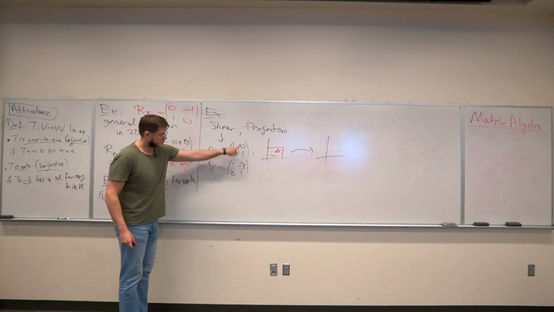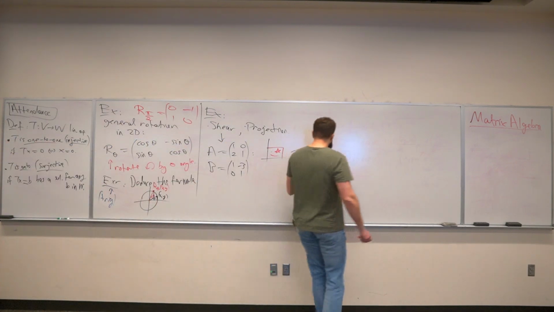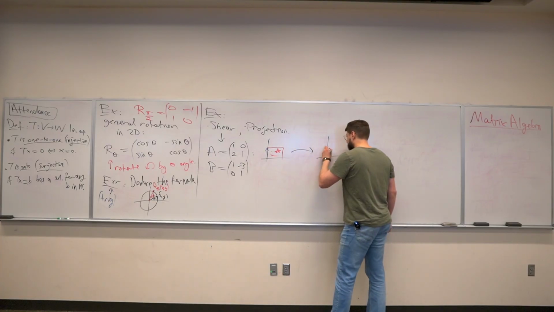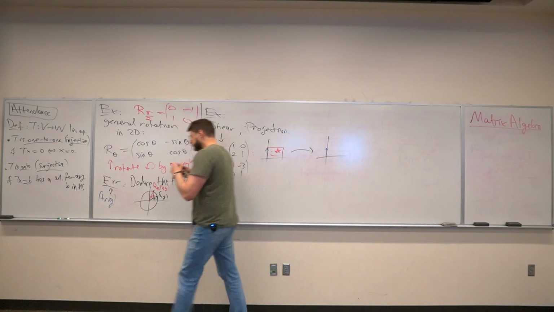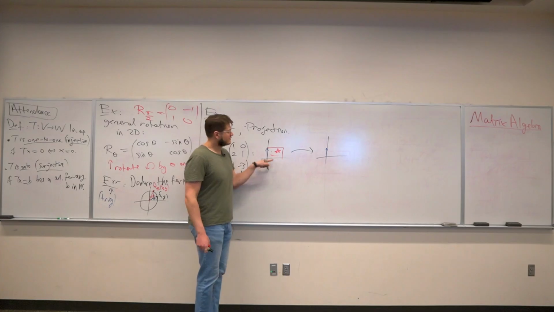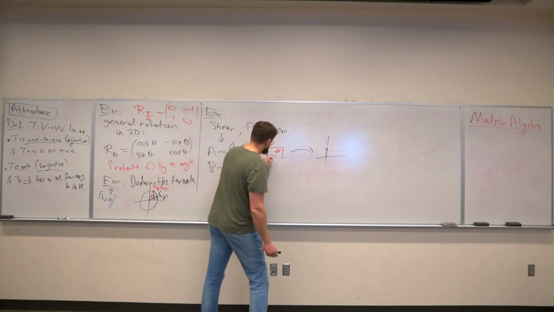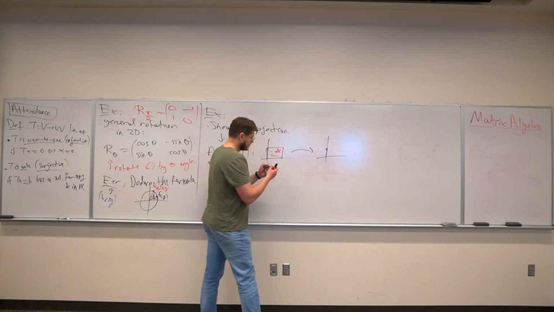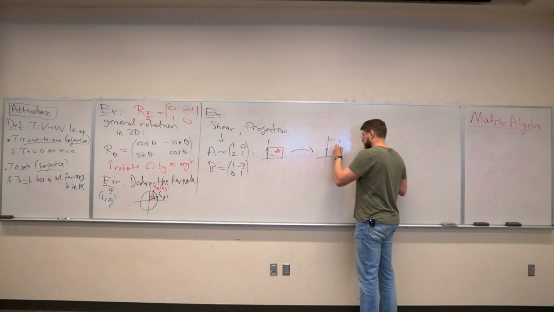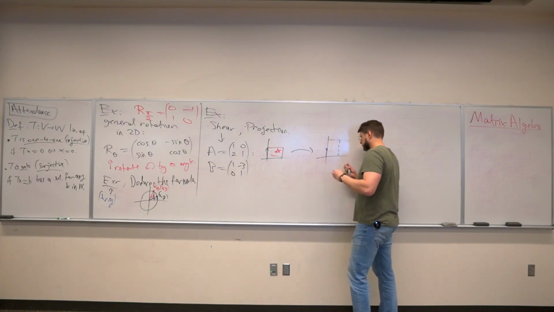Second column, 0, 1 stays as 0, 1. However, 1, 0 goes somewhere else. It goes to 1, 2. You see, you give some height to this horizontal vector. Specifically, you take it to this.